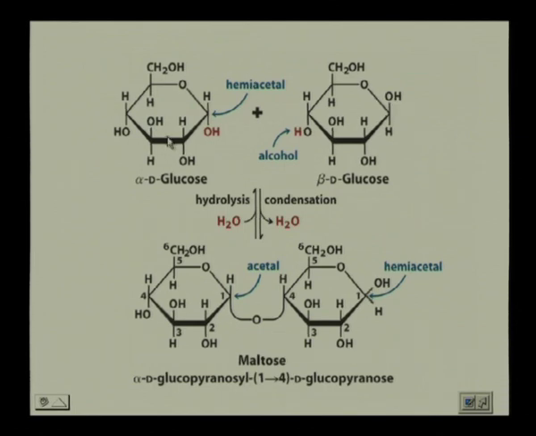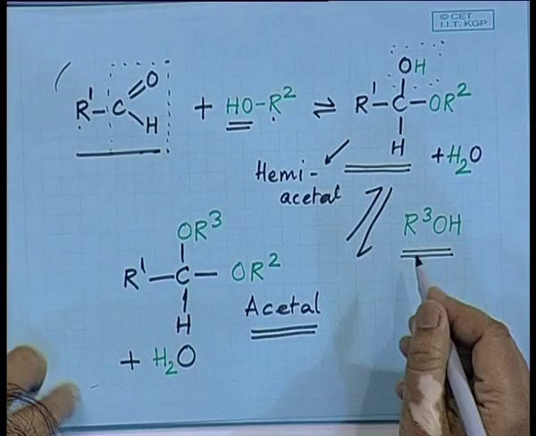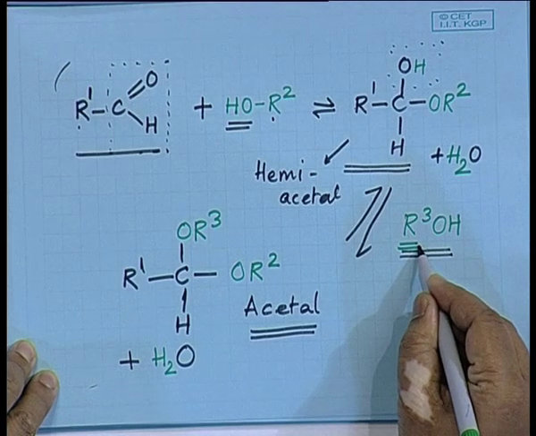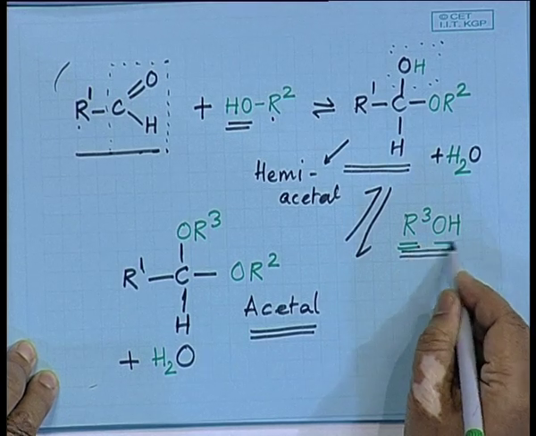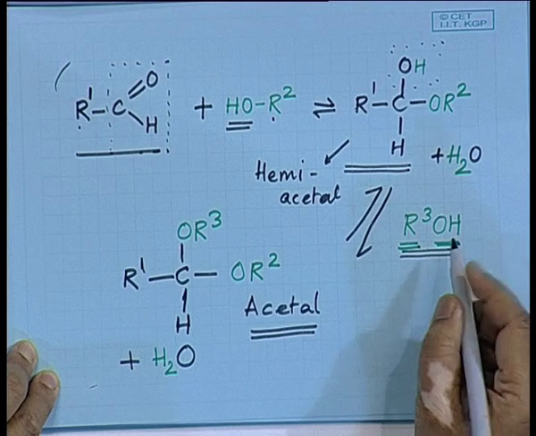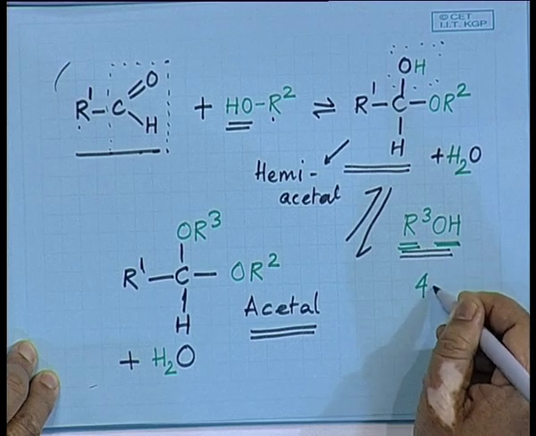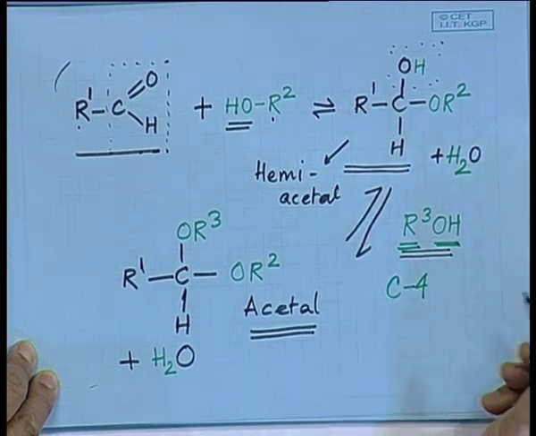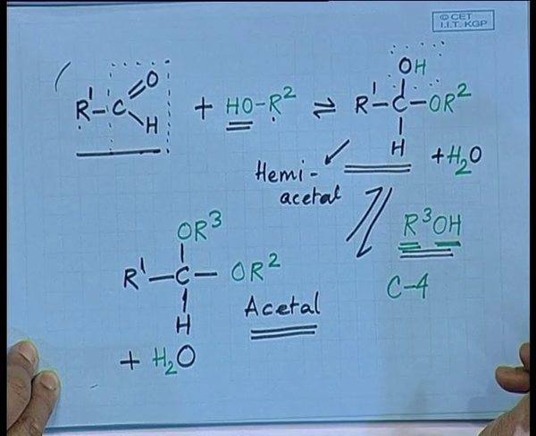This is a hemiacetal. It still can react with what I showed in the first diagram here, where we have an R3OH. So, what is our R3OH? This is our R3OH, right? So, which OH is this? This is the OH on the 4th carbon atom of another glucose moiety, another monosaccharide.